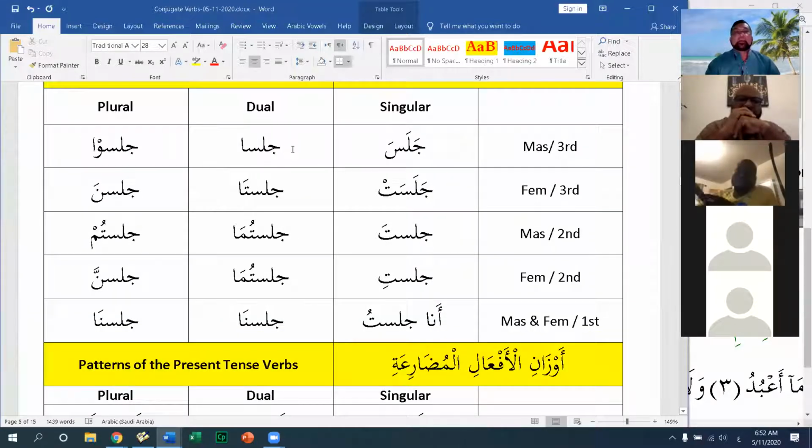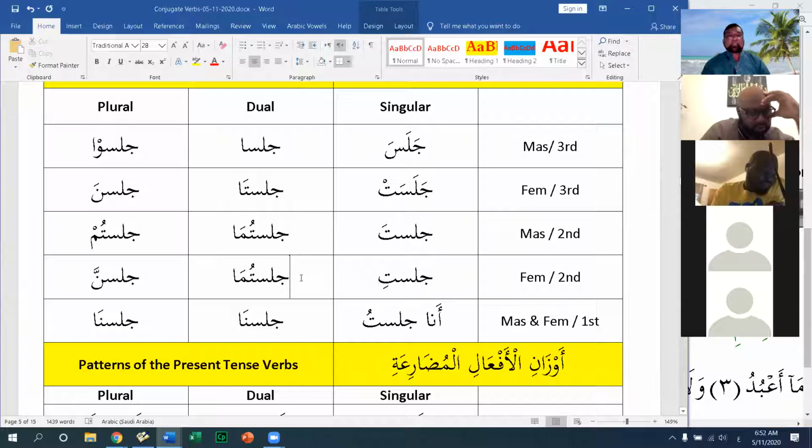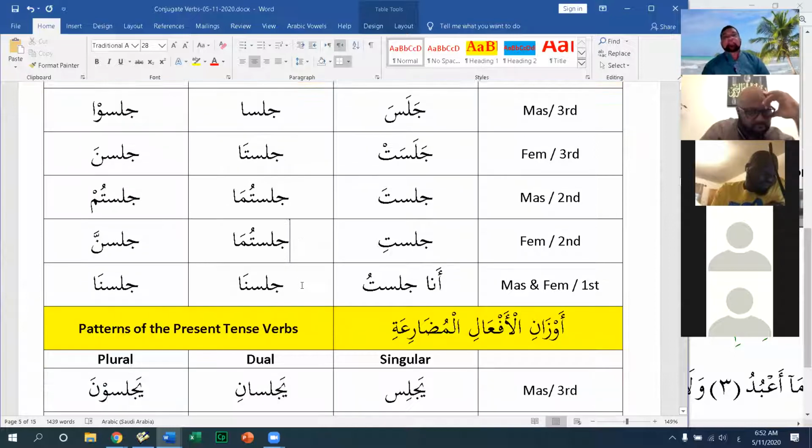And then huma. Huma jalasa, huma jalasata. Very good. Antuma jalastuma. That's correct. And then nahnu jalasna.